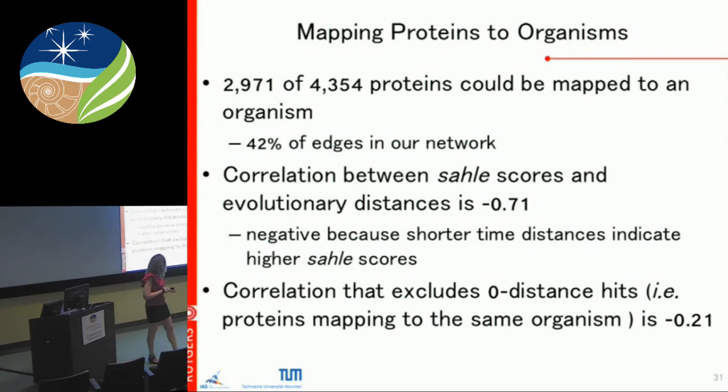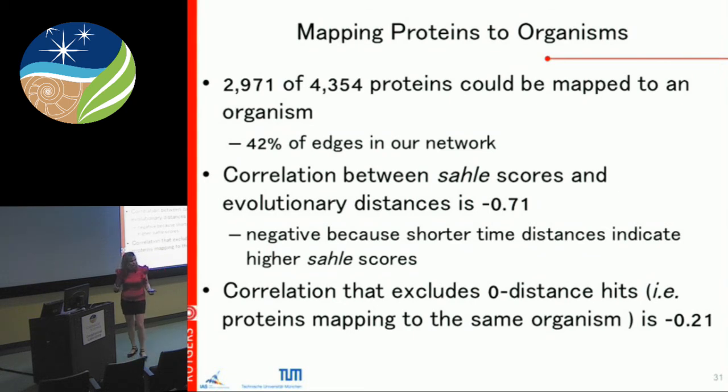But then I said, okay, what if I exclude zero distance hits, which basically means this protein or some ancestor of this protein exists in this particular organism, right? So these two proteins are in the same organism. And that happens quite a lot, apparently, which says one of two things.